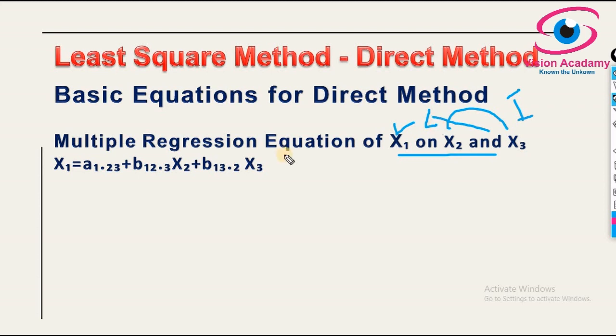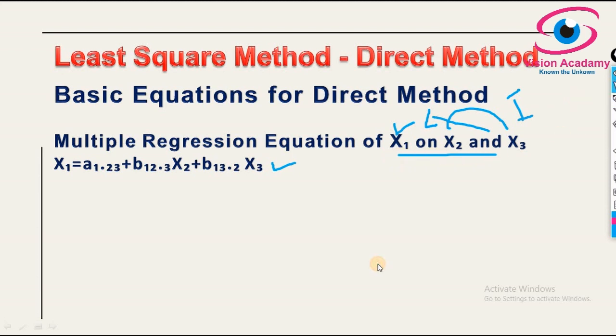So here the basic equation is x1 equals a1.23 plus b12.3 x2 plus b13.2 x3. I will explain what a, b12.3 and b13.2 are in further slides. Basically, this is the basic multiple regression equation of x1 on x2 and x3.